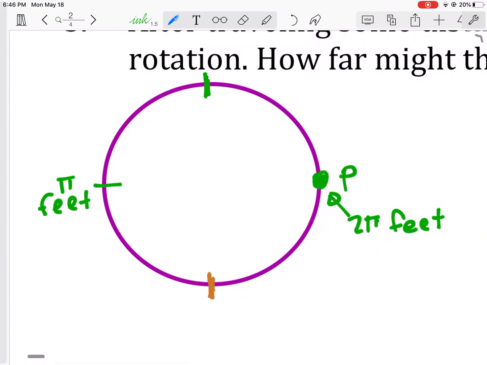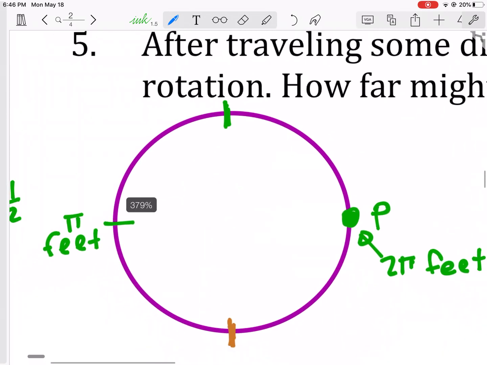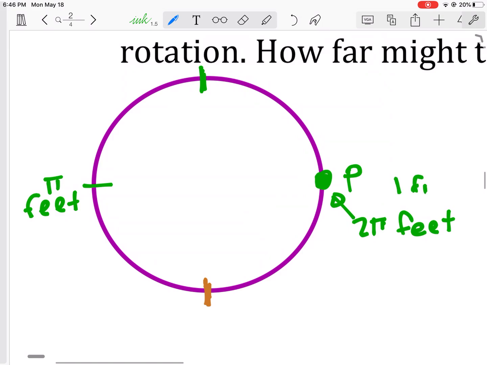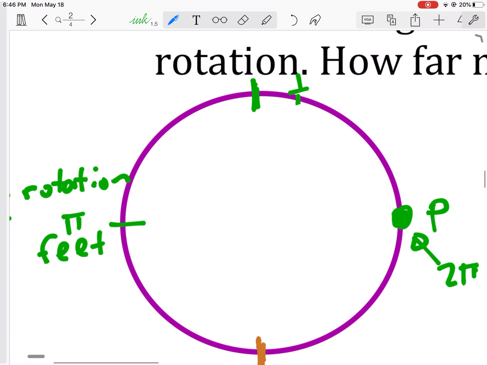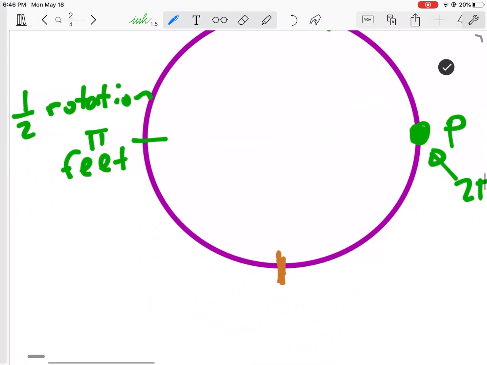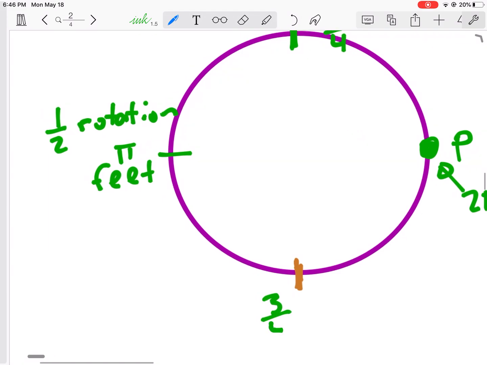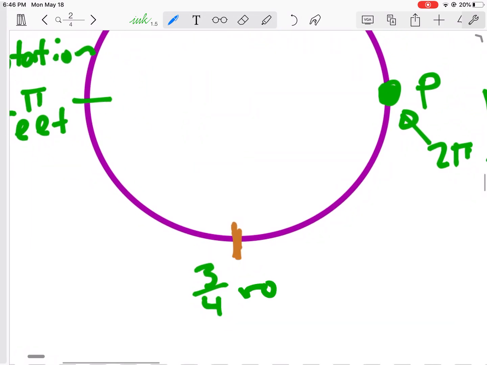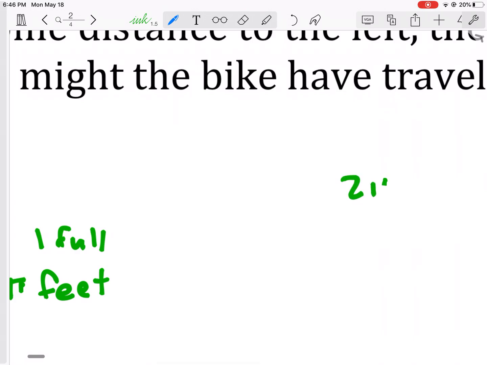Well, this was 1/2 of a rotation. This was one full rotation. Well, this would be 1/4 of a rotation up at the top, which means this would be 3/4 of a rotation. So what we can do is take one full rotation, 2 pi.